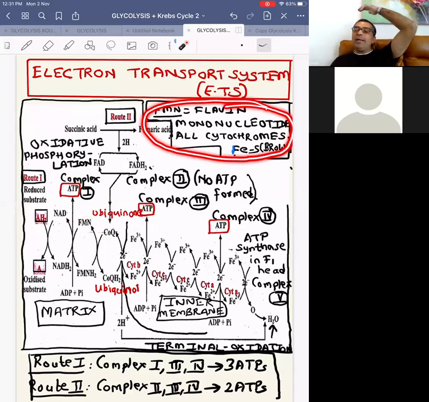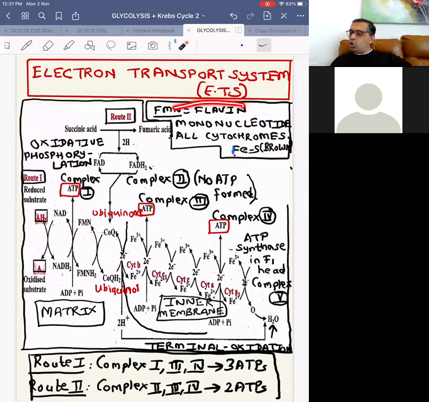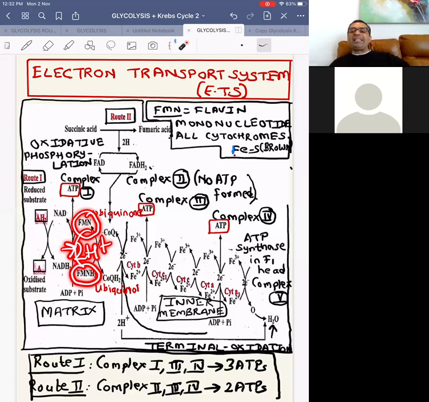Flavin mononucleotide accepts the hydrogen and gets reduced to become FMNH2.